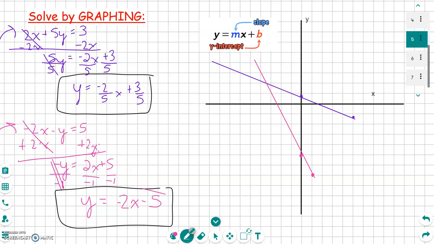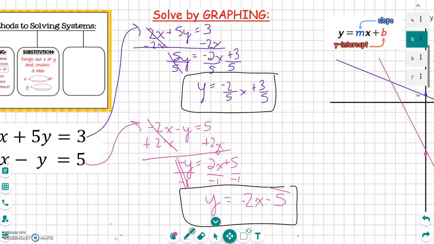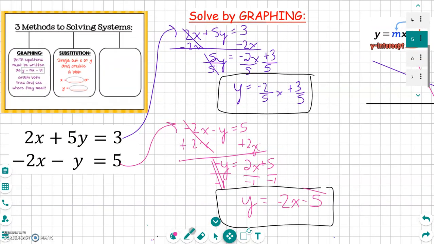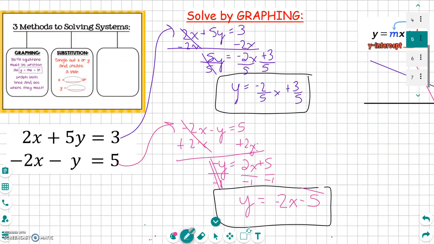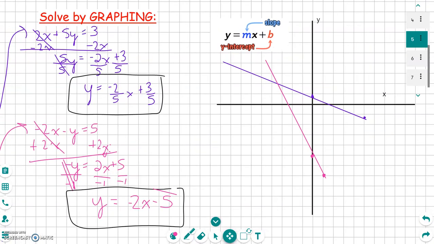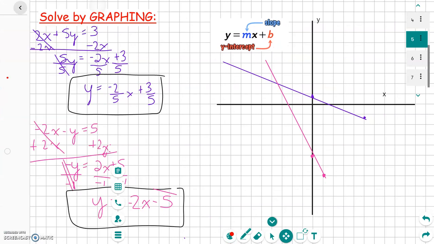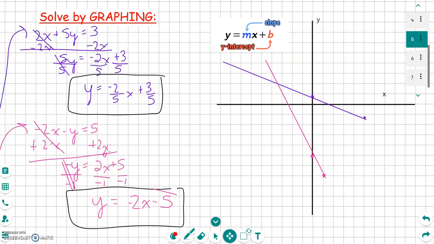Okay. Recall from our graphic organizer what we've been doing last week, the solution when we are using the graphing method is wherever the lines meet. So let's take a look at what we graphed and look for where the lines meet. And that point is right about here.